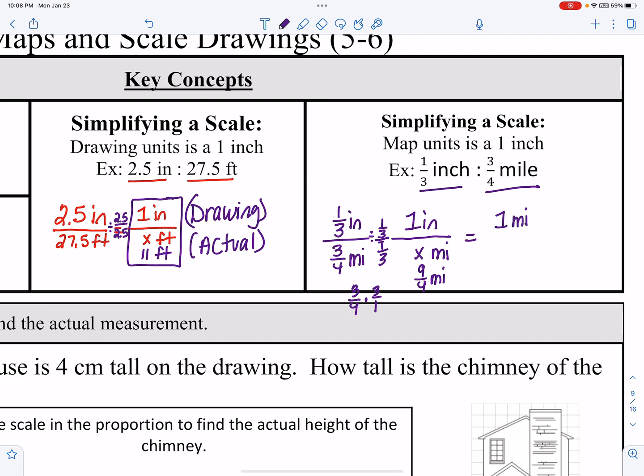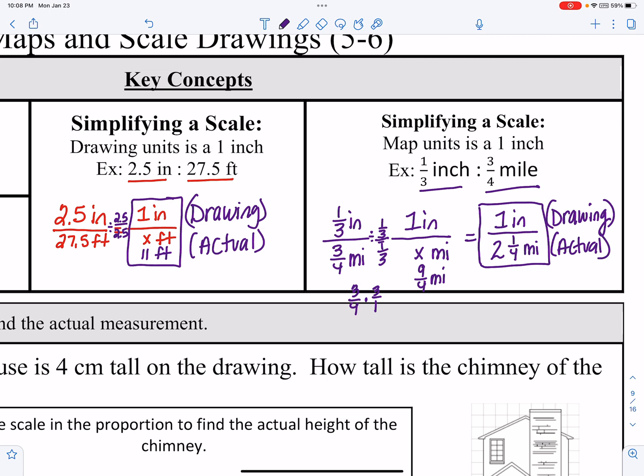So I would say that is 2 wholes and 1/4, because 2 times 4 is 8 plus the 1. And sorry, I messed up my miles here. That's 1 inch in my map drawing is 2 1/4 miles. And so here's my simplified scale. This is my drawing. And this is my actual. So it's in the format of scale. Okay, a ratio of scale.